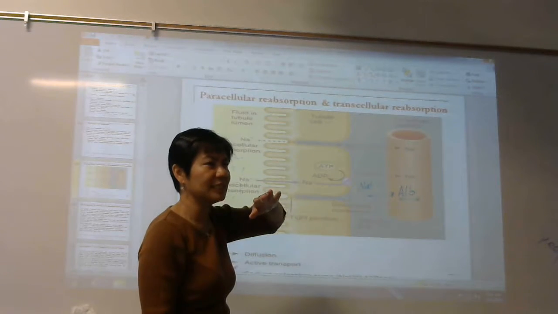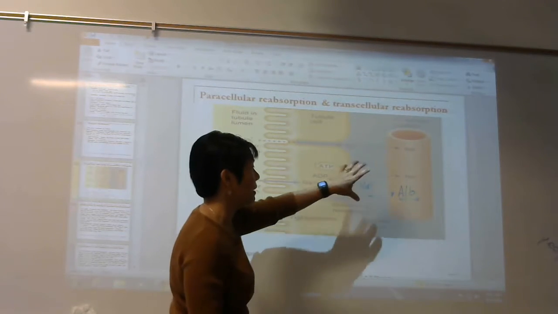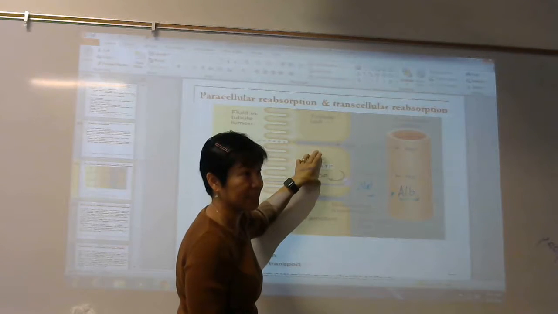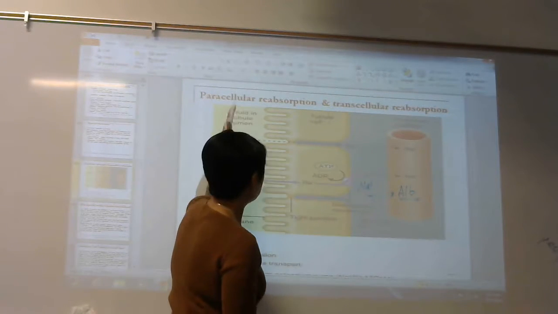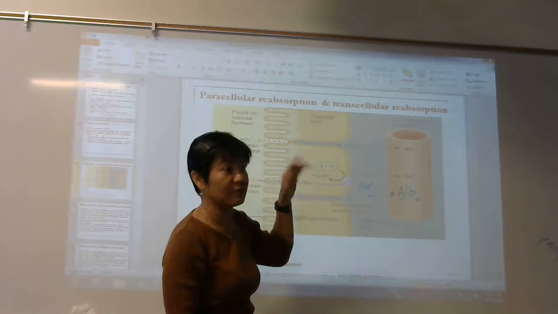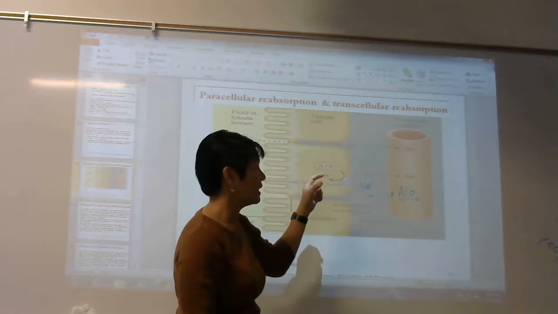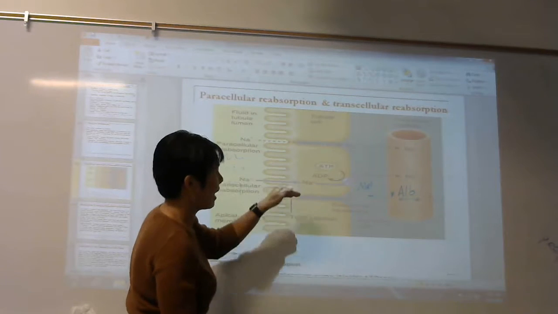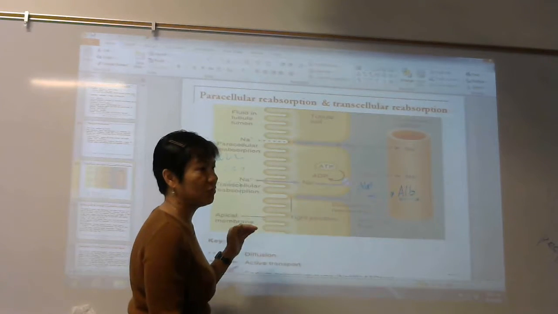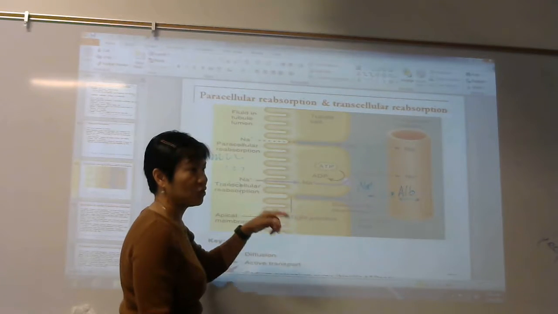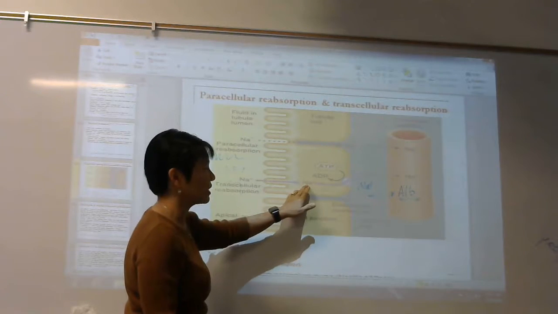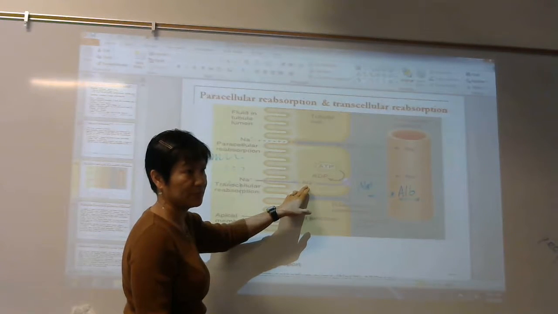Does it make sense? You remember sodium is always abundant outside, potassium inside. So most of the reabsorption follows sodium. This is the one. The glucose just rides on a sodium bus. Urea, the same thing. So all books always look at sodium, how is it reabsorbed.